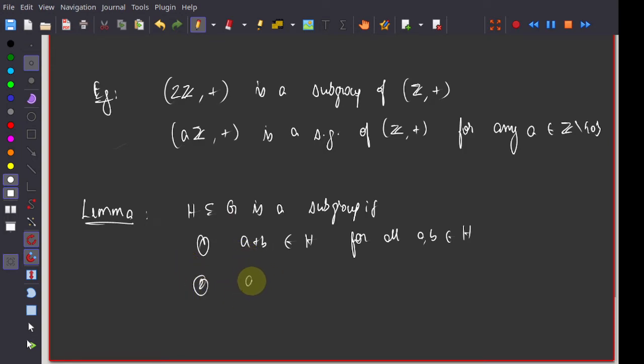The other property that you require is that for every A, the inverse exists. So this takes care of property 3, the existence of an inverse.